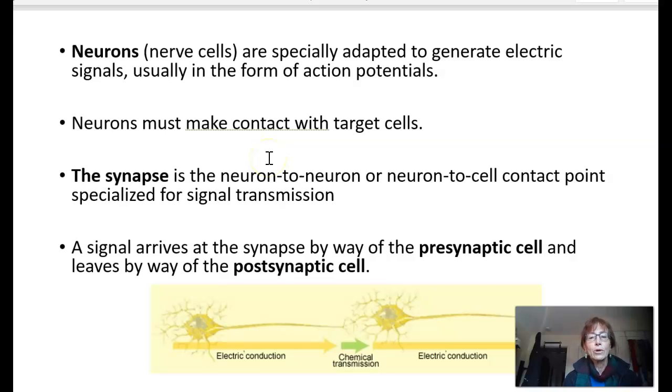Unlike the hormones or neurohormones that we looked at before, neurons are much more immediate in how they signal. We've talked about all of this. We see down here this picture of a neuron. We're assuming an action potential here, but then it has to get converted into a chemical signal before it goes to the next neuron. Hence the electrochemical signaling.